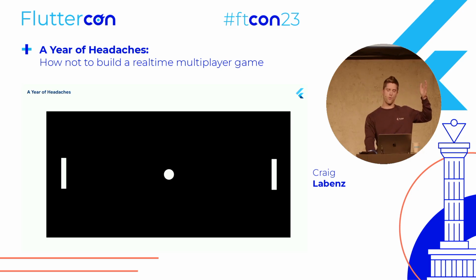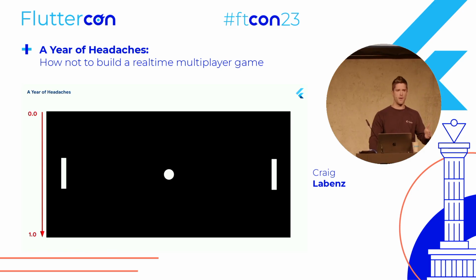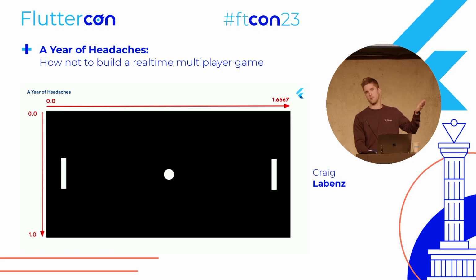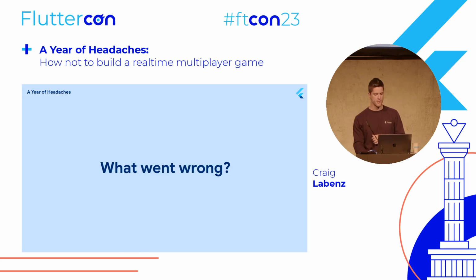So that means my Y coordinates are normalized between 0 and 1, and my X coordinates are normalized between 0 and 1.6667. And this is kind of a fun part of game development. Like, you get to invent whatever coordinate system you want, whatever makes sense for you in your game, and this is what worked for me. So right now, you might be thinking like, okay, I mean, this doesn't seem so bad, like maybe a little tricky. What went wrong?